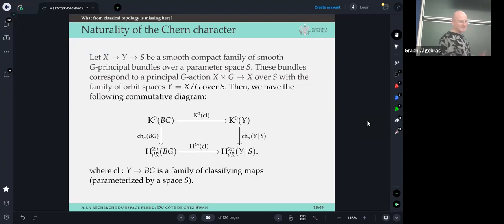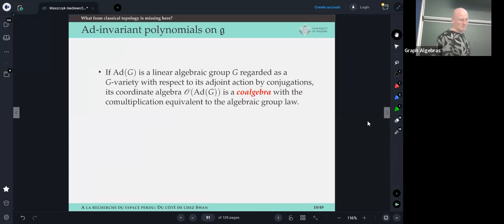Okay, so this map CL is what I meant before, this classifying map, pulling back this universal thing to this concrete thing over a fixed base. So computation of the result on the level of cohomology of the action of this classifying map is quite difficult in general.